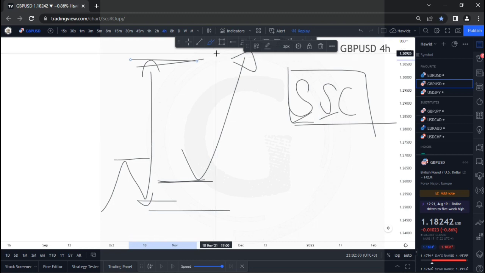So let's go back to our three rules: structure, supply and demand, and confirmation. Lo and behold, you have your structural narrative pushing bullish. Why? Because of the break of structure right here. If structure is pushing bullish, then in the case of supply and demand zones, we are going to be looking for demand zones that are supported with imbalances above them.